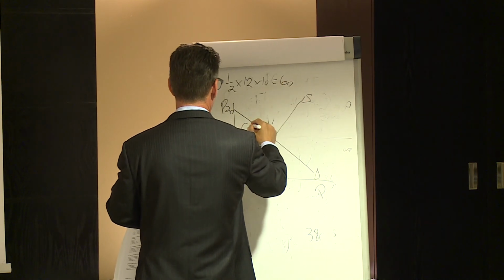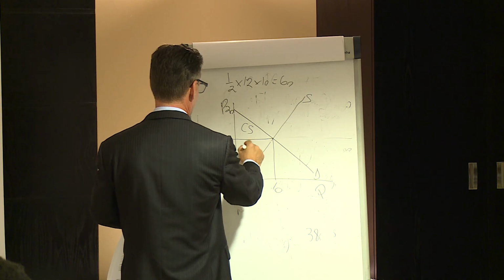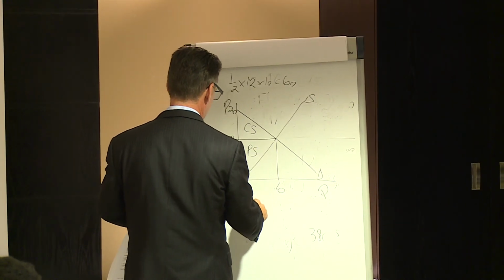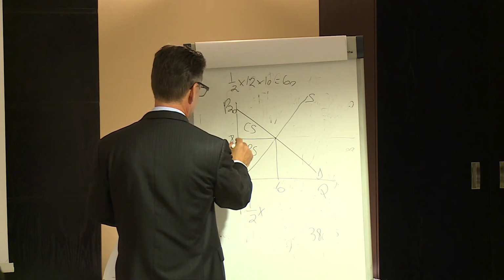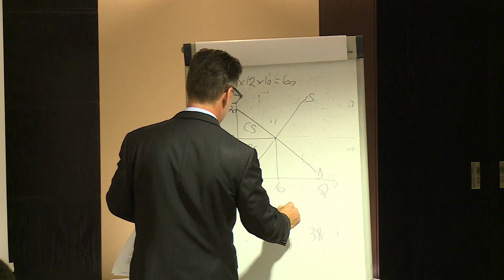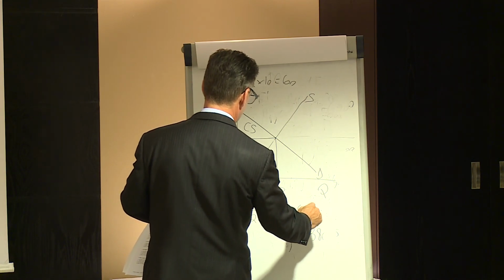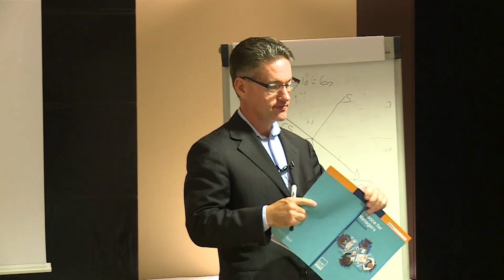This is consumer surplus. This one is producer surplus. If we calculate 1/2, the height is 8 and the base is 10, so it's 40, right? Exactly. That looks good.